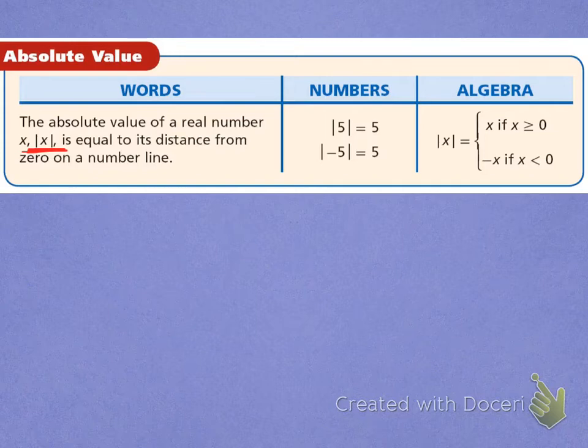Because we're talking about the distance, we're not talking about whether it is a positive or a negative. We just want to know how far away, how many units. So there's no such thing as having a negative number when you're working on absolute value equations or an absolute value function. The absolute value function makes us happy because essentially absolute value takes any number or value and makes it positive.